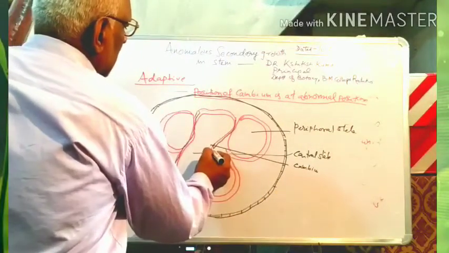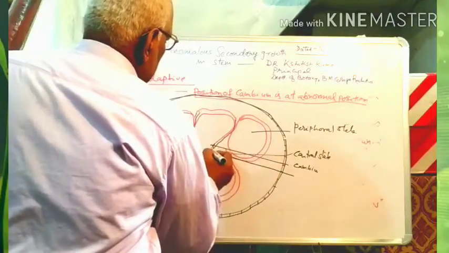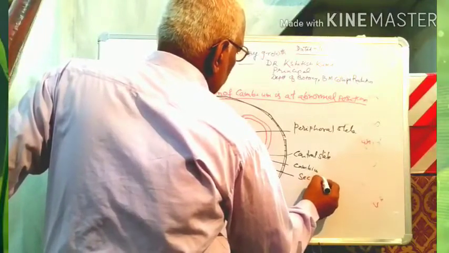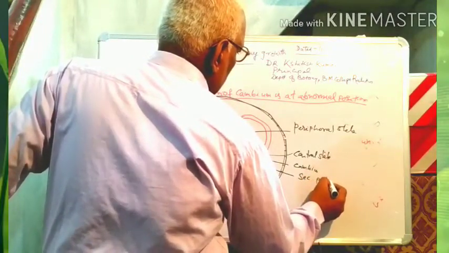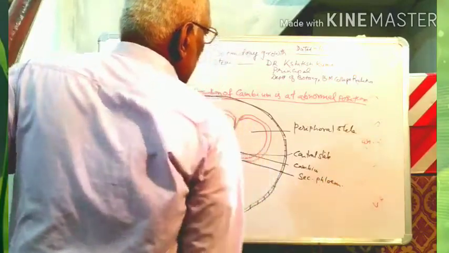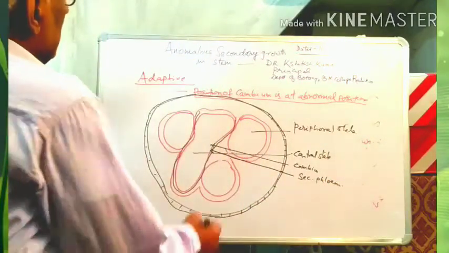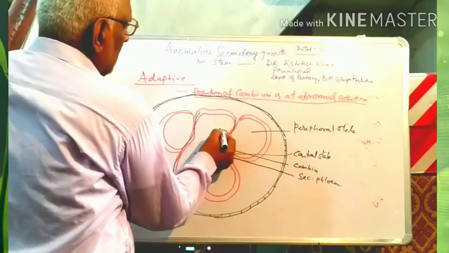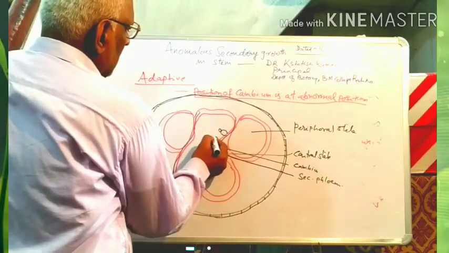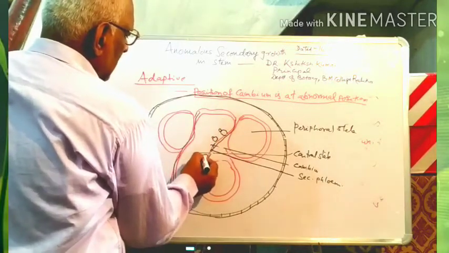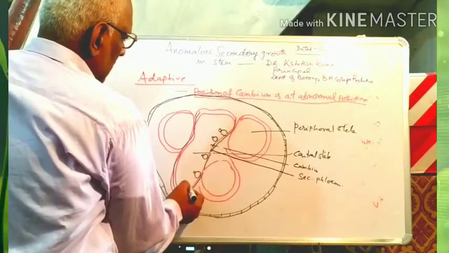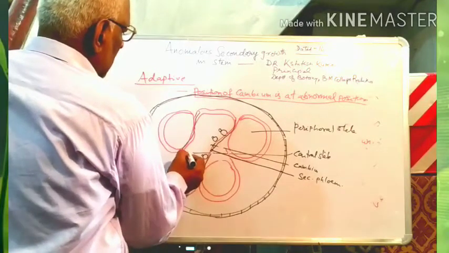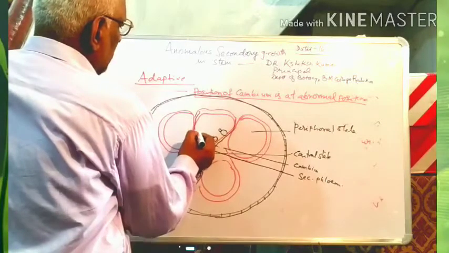And later on, after secondary growth, here secondary phloem is produced, and inside it, this is the metaxylem and the smaller is the protoxylem.